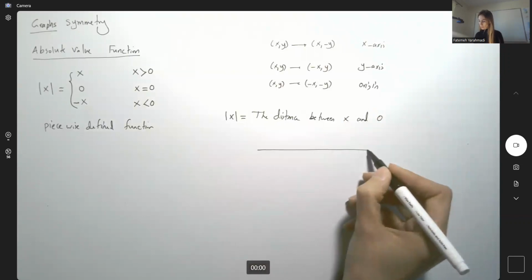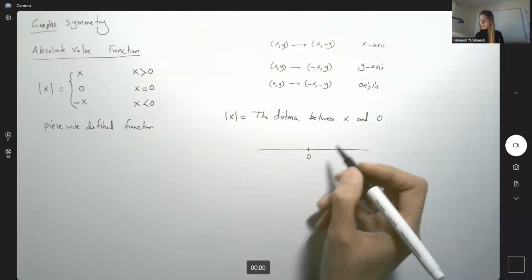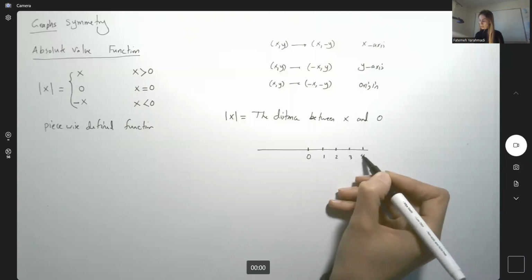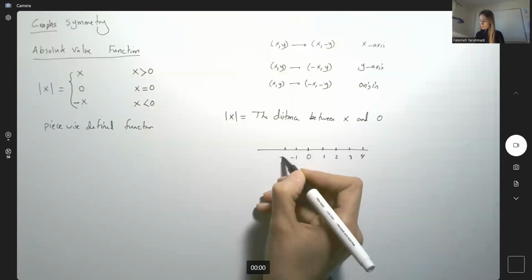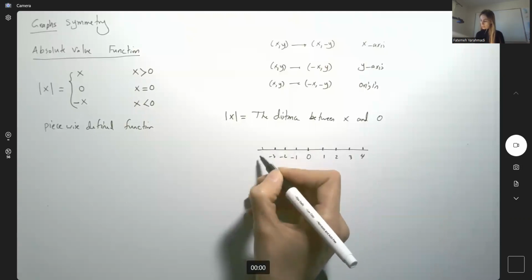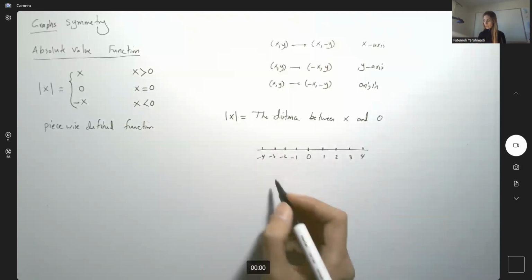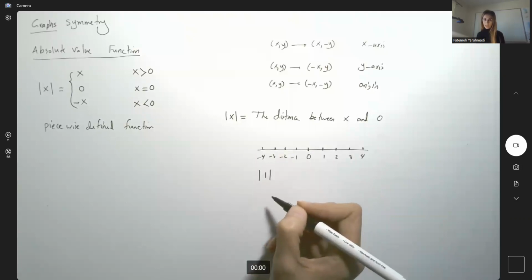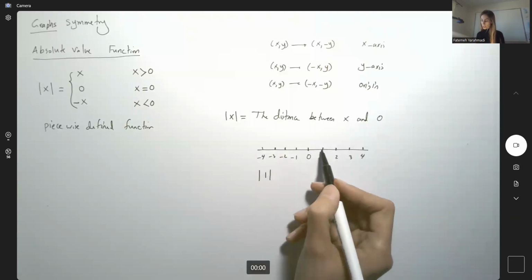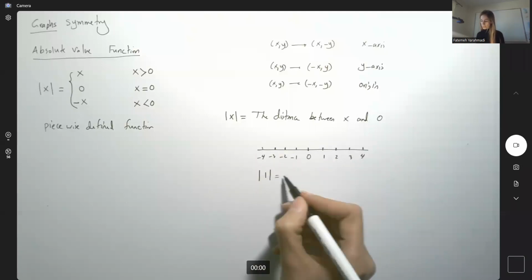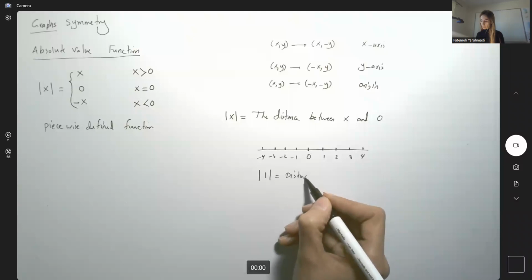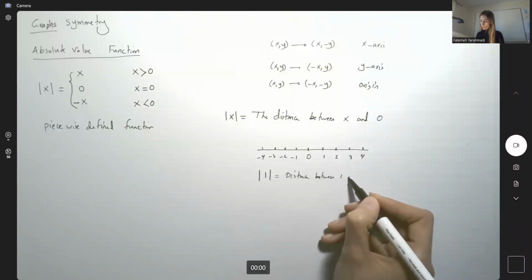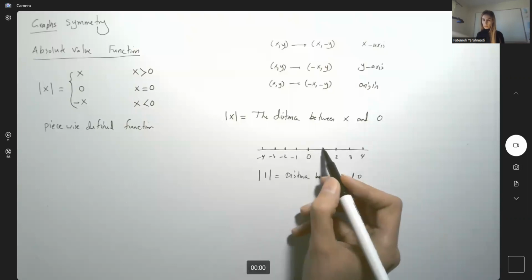So here you have the origin, you have some numbers, 1, 2, 3, 4, -1, -2, -3, -4, and so on. If I ask you what is the absolute value of 1, you're going to say that by definition, it's the distance between 1 and 0, which is obviously 1 unit.